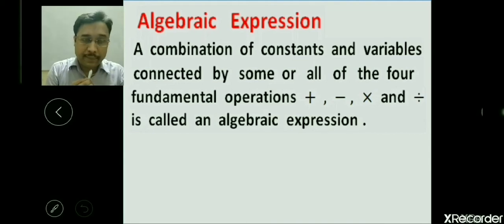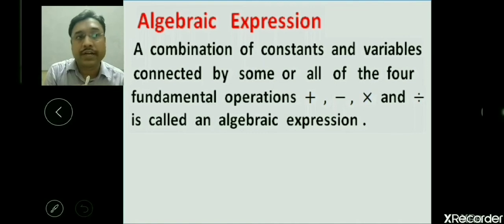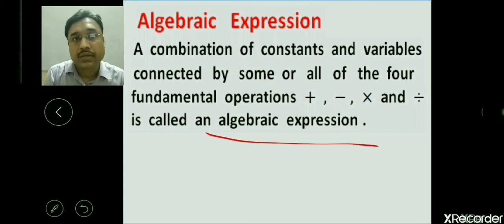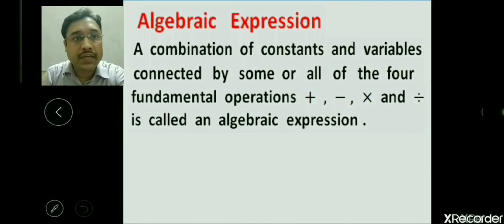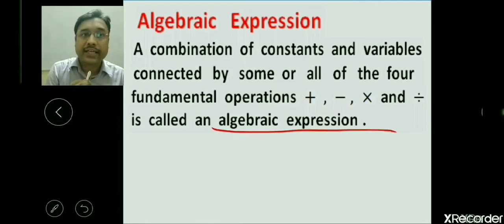These are the fundamental operations of arithmetic. Okay, and the variables and constants are connected with the help of these fundamental operations, plus, minus, into and division, and such an expression is called an algebraic expression.